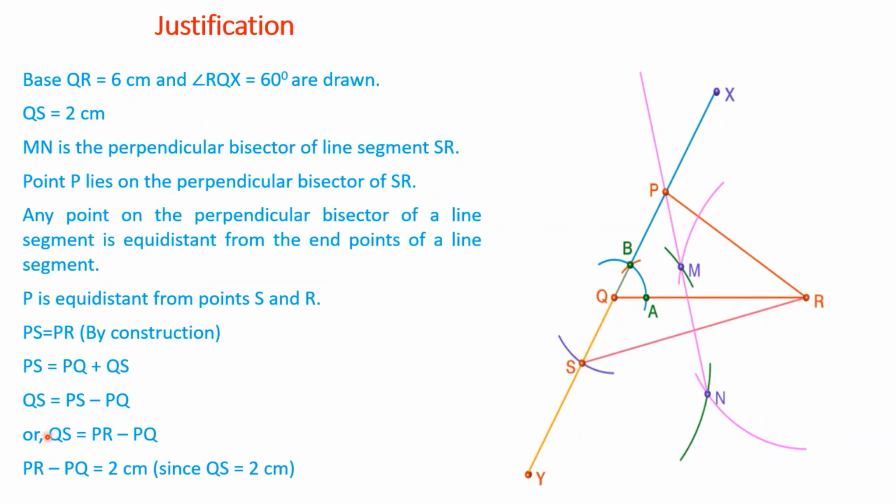We know QS is 2 cm, so PR minus PQ is also 2 cm. Here clearly you can see PQ is less than PR by 2 cm. Now we have justified our construction.